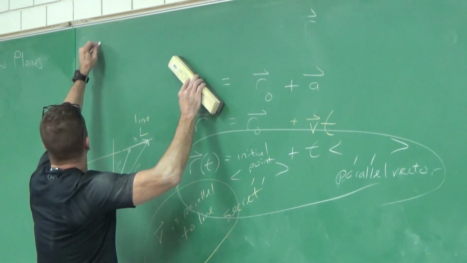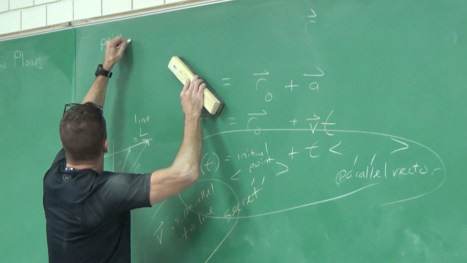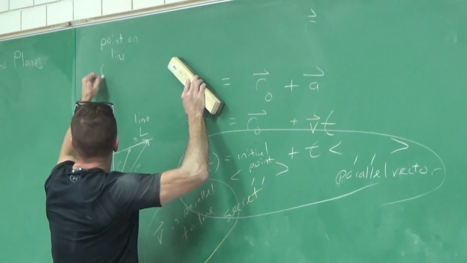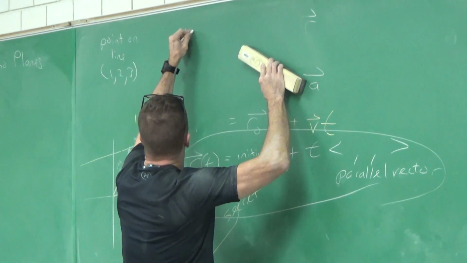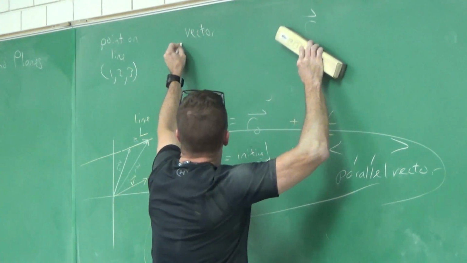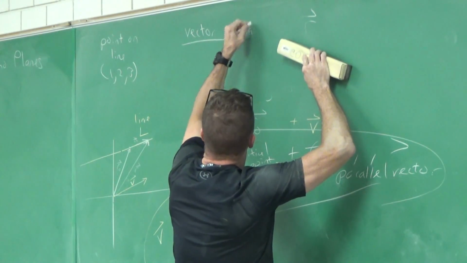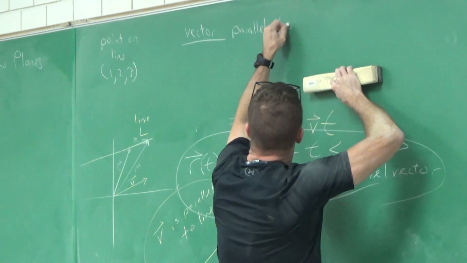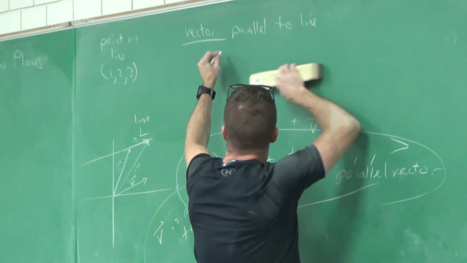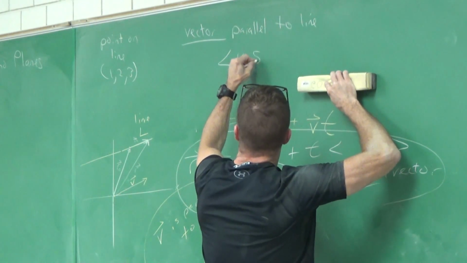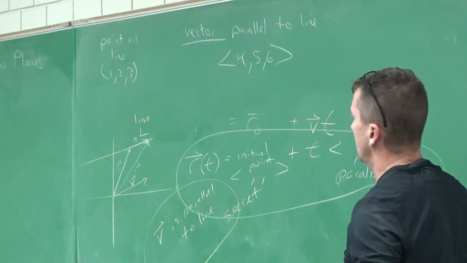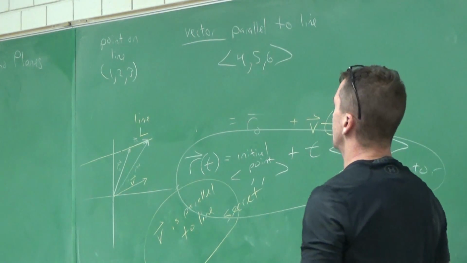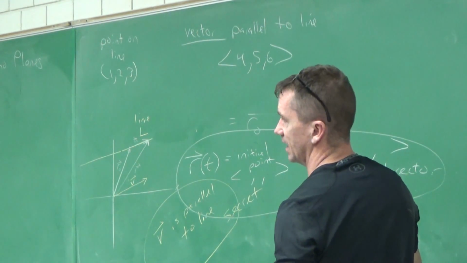So here's a point on a line. It's the point (1, 2, 3). This vector is parallel to your line: (4, 5, 6). And I want you to come up with the parametric equations of the line.